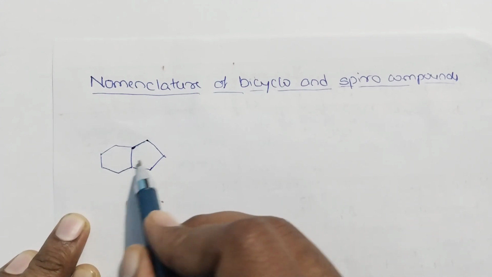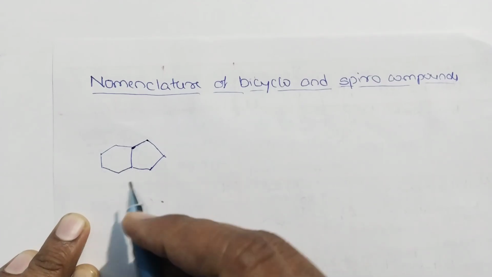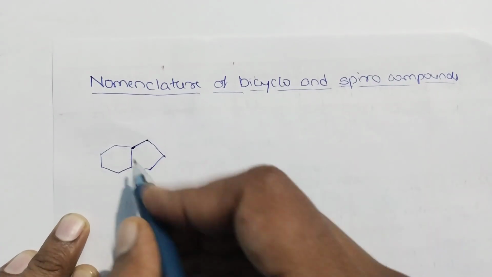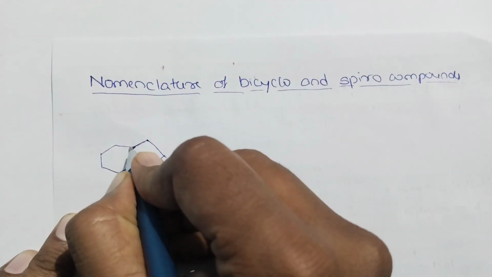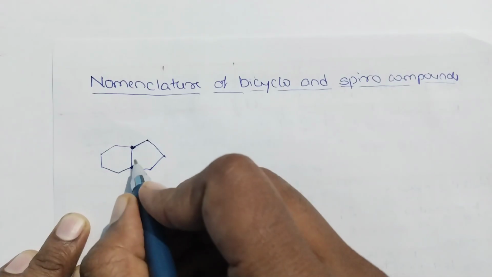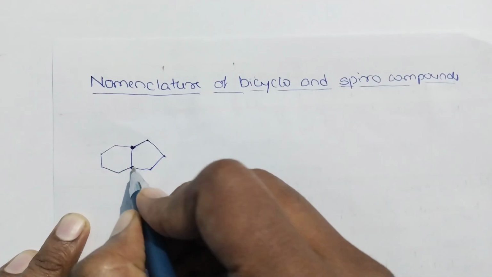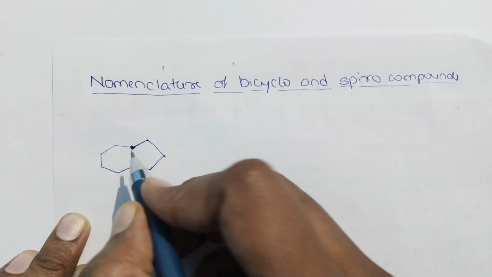There are two cyclo groups, so these are called bicyclo compounds, and these are bridged carbon atoms. The two cyclic compounds attached through these two bridged carbons are called bicyclo compounds.